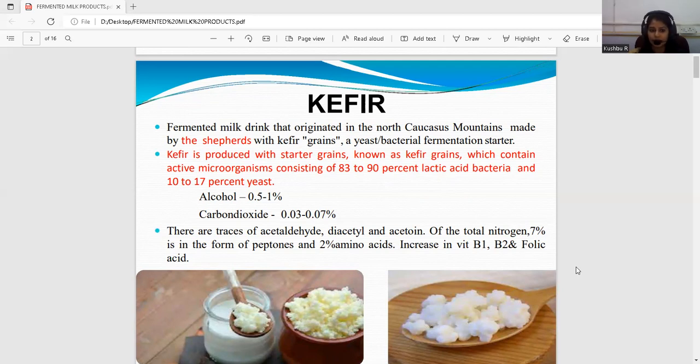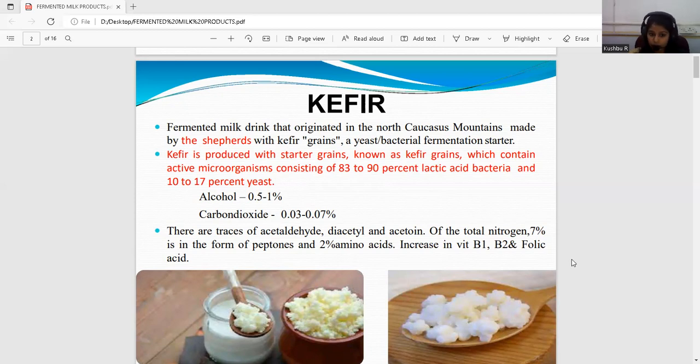These kefir grains have a very high microorganism content, from 83 to 90 percent lactic acid bacteria and about 10 to 17 percent yeast, which could change the flavor of the milk. Thus we could call it a fermented milk, where the alcohol content and carbon dioxide content are relatively higher.